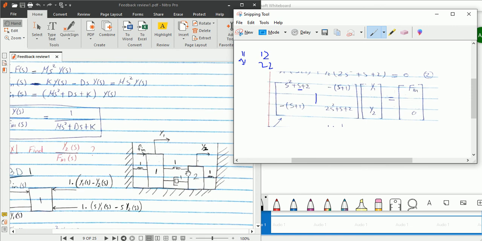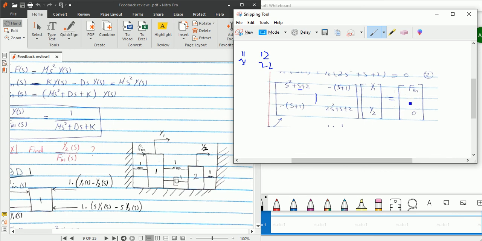So here are 3 components like previous one you have, but the mass is 2, so it will be 2 dot s square. Okay, so you have 2s square plus s due to one damper, and plus 2 due to both springs. Okay, then write y1 and y2, the two variables, and then here you have the force, external force, which is only applied to the mass 1.